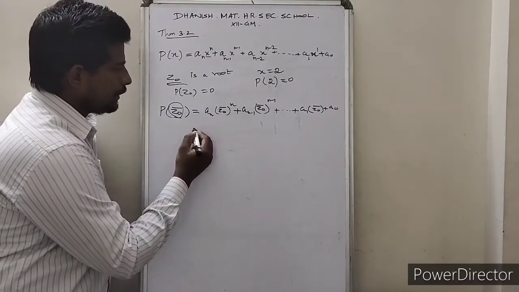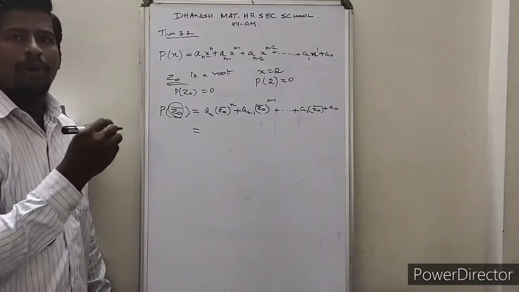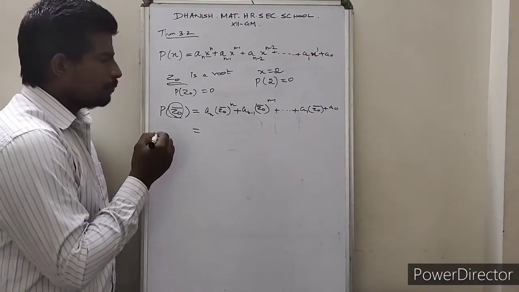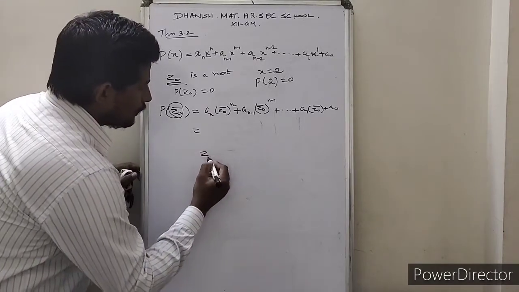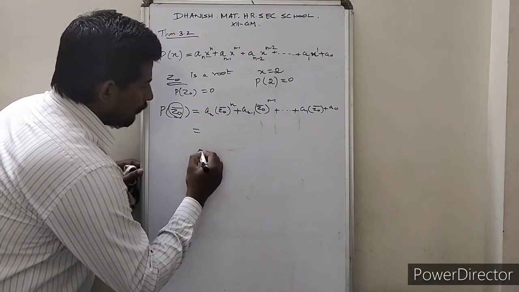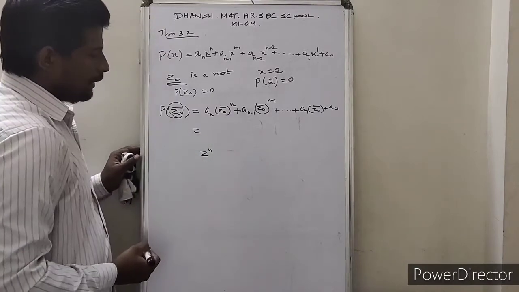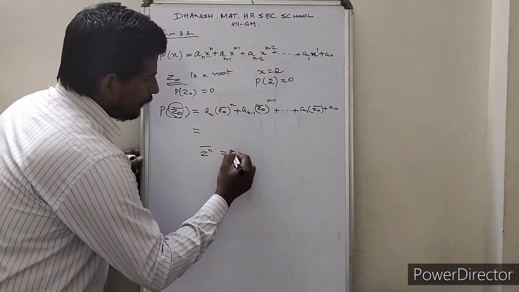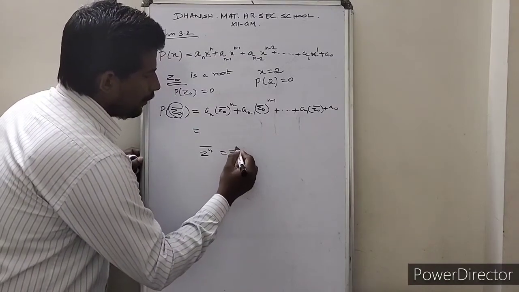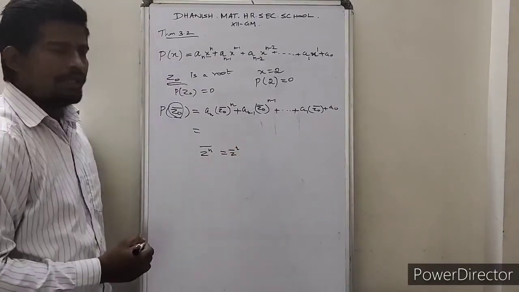Then what would be the next step? Now I am going to use one property of conjugate complex numbers. What is that? The conjugate of z power n equals the conjugate of z, whole power n.